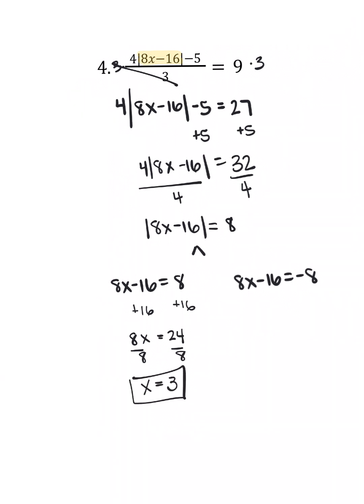So I can get x equal 3. If I do the same thing here, I'm going to get 8x equal to 8. Divide by 8, x could equal 1. Both of those answers would work inside that equation. When you plug it in for the x value, you should get all of that equal to that 9 then.